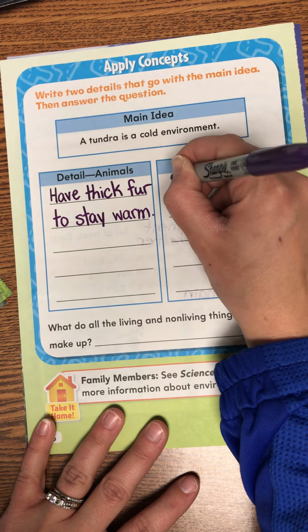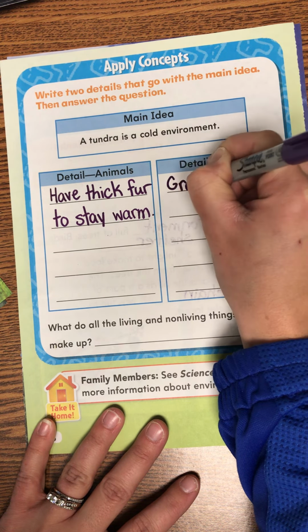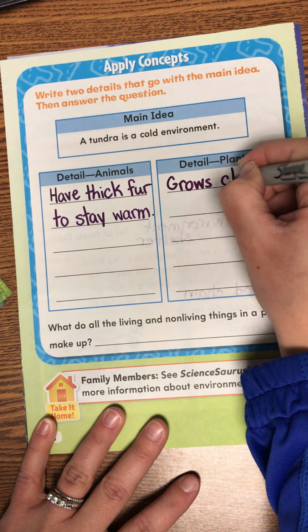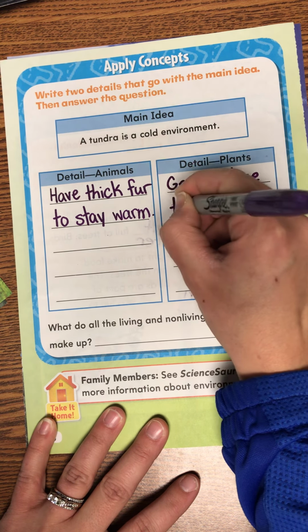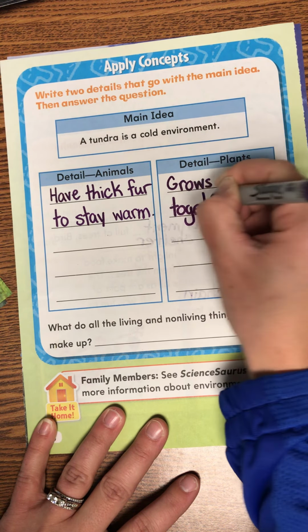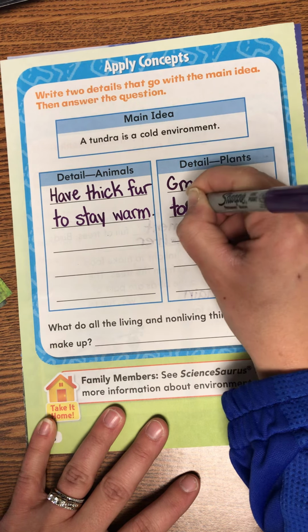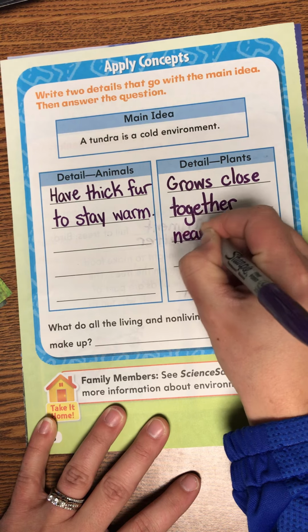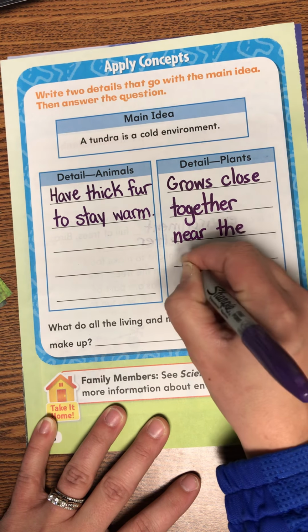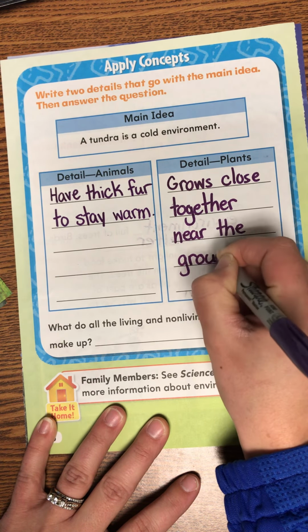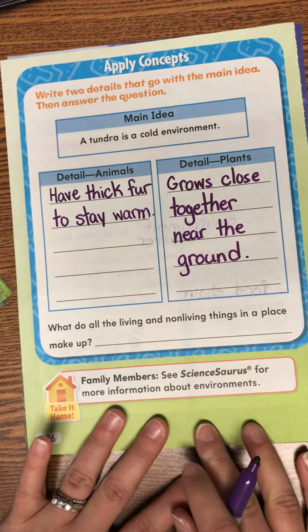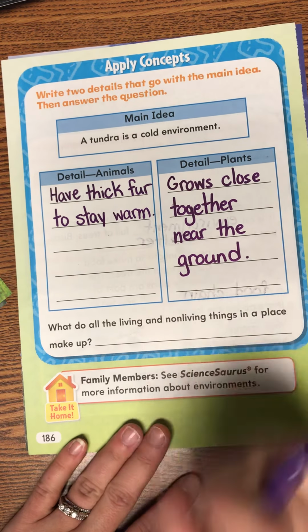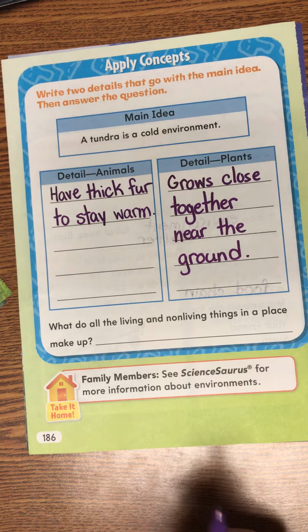So I'm going to write that. Grows close together. Now remember, if I'm writing faster than you can, you can always pause me to get it written, okay? Grows close together near the ground. Okay? So there's our details. Like I said, if you need to pause me to write it, go for it.